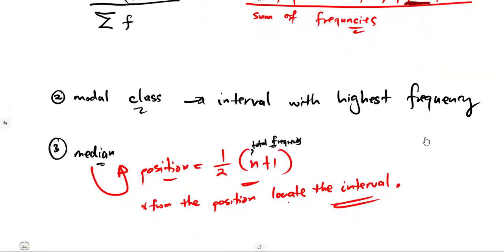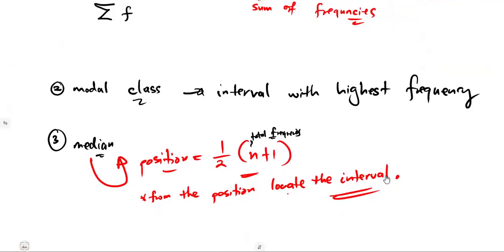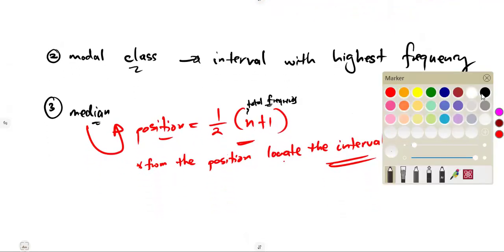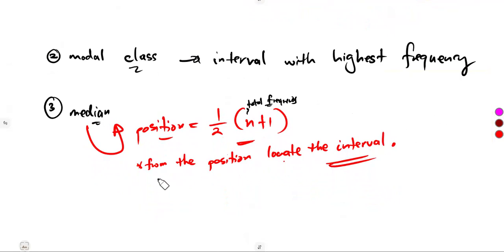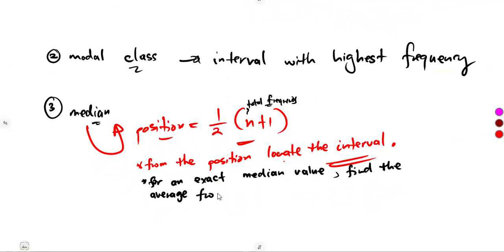So they can ask you to determine the exact median. The exact median will be taken from the average of that interval that you're given. If it is a condition for an exact median value, find the average from the class interval that we determined.